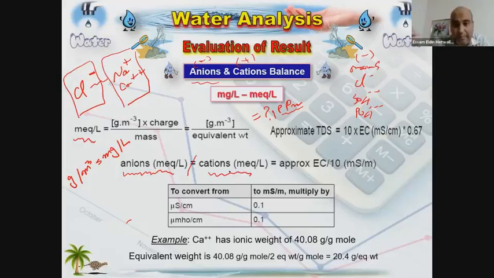If you have calcium, for example, the concentration of calcium may be 50 ppm or milligram per liter.